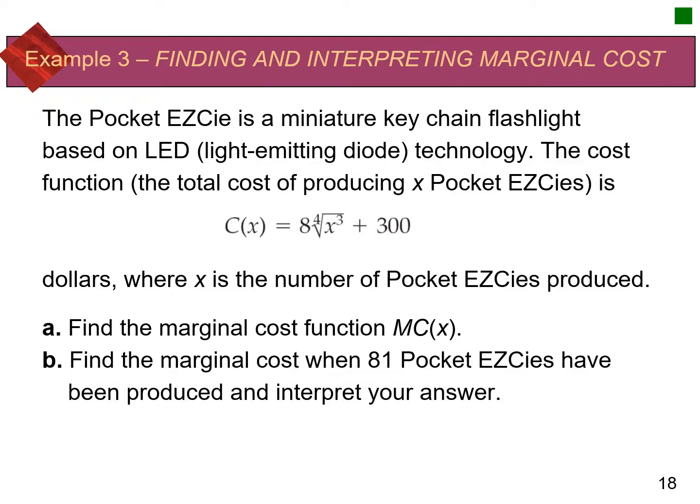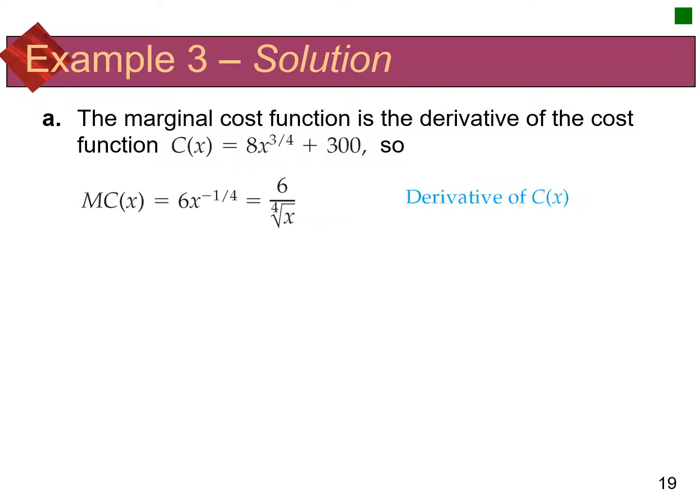As far as the marginal cost function, I'm just going to take a derivative. What you're seeing here is this 3/4 that I have up here on the exponent. I multiplied that to the 8 in front because that 8 is just a coefficient, and 3/4 times 8 is 6.